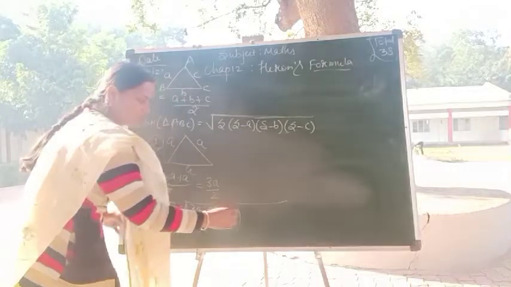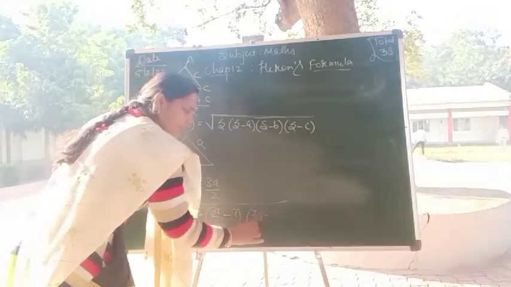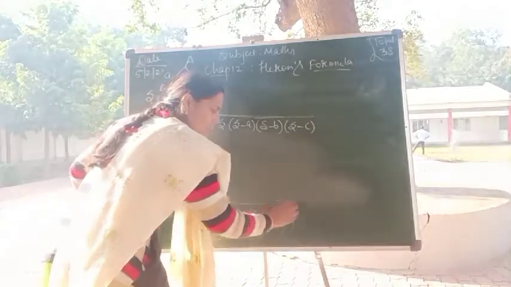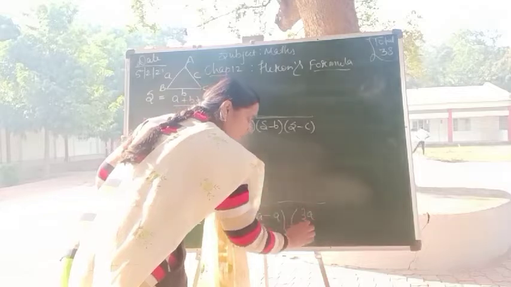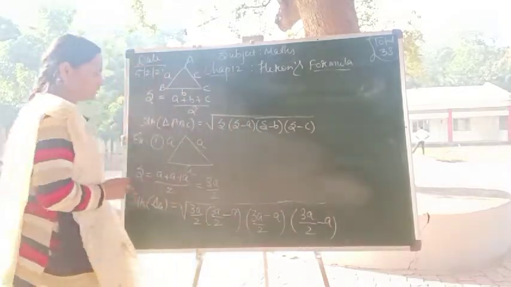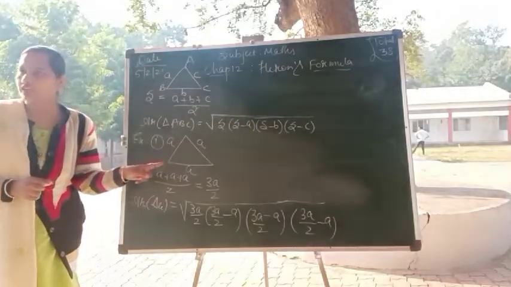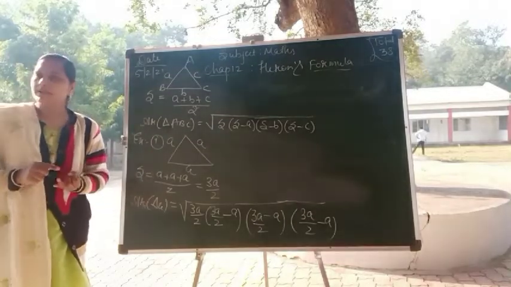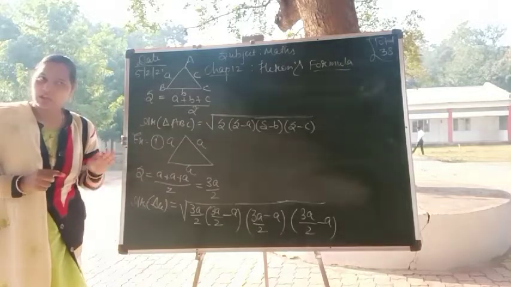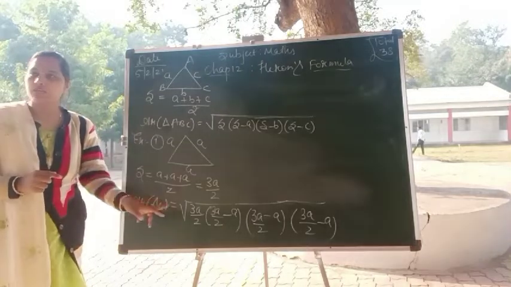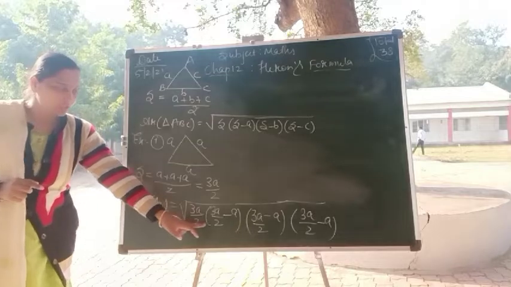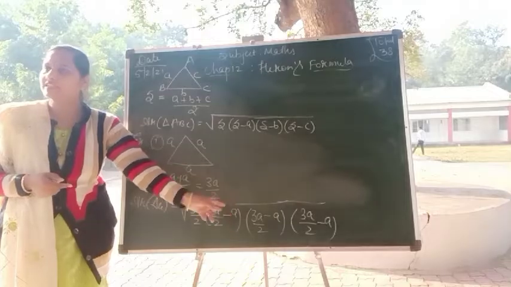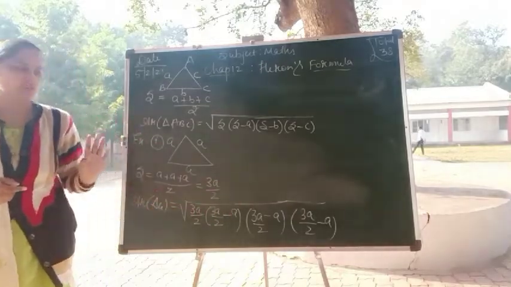Then again 3a by 2 minus a, because all three sides are of the same measurement. 3a by 2 minus a. Now I have started to find out the area of the equilateral triangle having sides a. After that I have found the semi-perimeter, a plus a, that is 3a upon 2. Area of the triangle is under root s, that is 3a by 2, in bracket s minus a, s minus b, but b is a, s minus c, c is a. All three sides are of the same measurement.